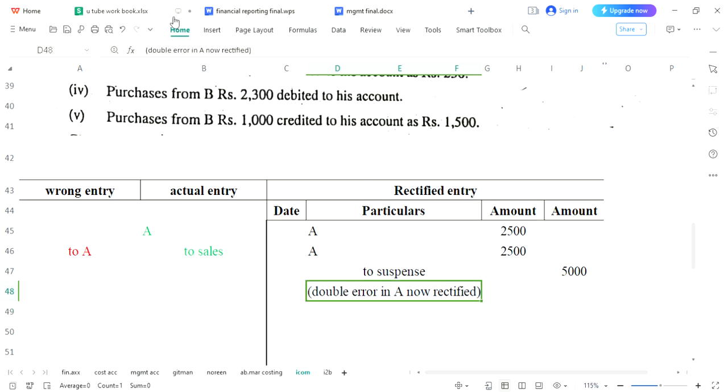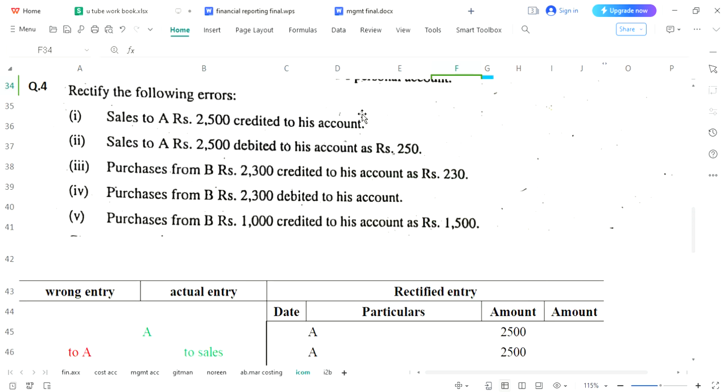A to suspense, or you may write just once A, but you will have to write 5000 over here. It is double error and double error would be rectified with double amount. Original amount in the question was just 2500 and you have written 2 times 2500. Alright guys, in this way we have completed our first entry.